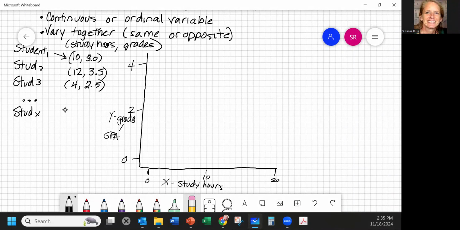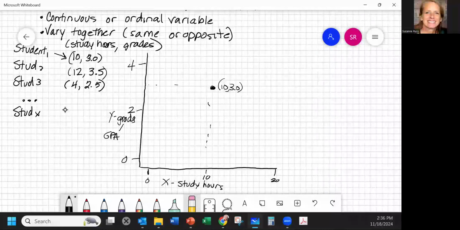So let's plot this for student 1: 10 hours per week and a 3.0 GPA. We would, of course, just find the 3 would be about here, the 10 would be there, and we'd plot that person's point. And for this moment, I'm going to write in the coordinates.